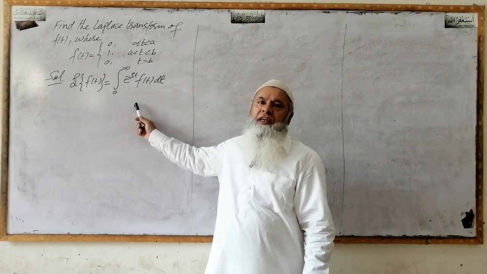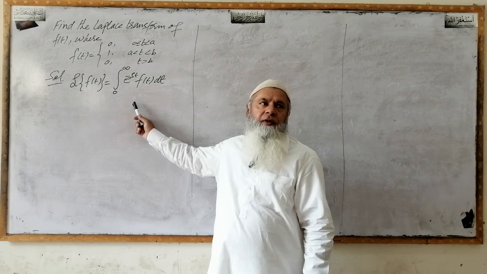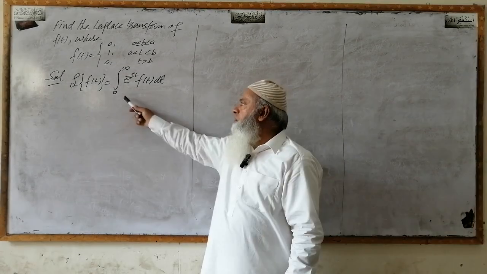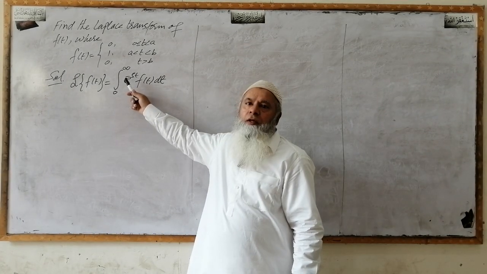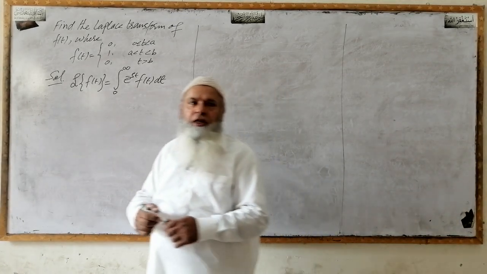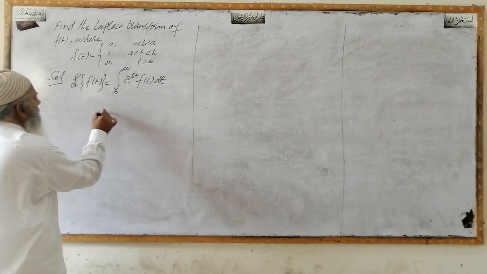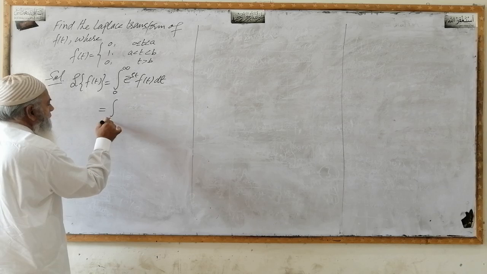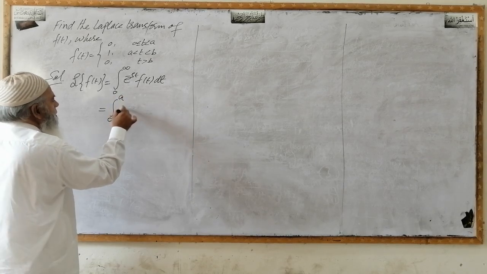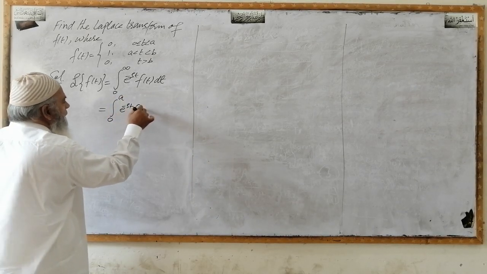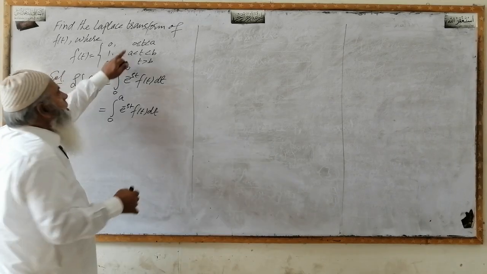तो हमें लिमिट्स ऑफ इंटीग्रेशन पहले सेपरेट करनी पड़ेंगी। Here t varies from 0 to infinity. We have to separate this integral into three parts. First of all, we write here from 0 to a e raised power minus s t f of t dt.